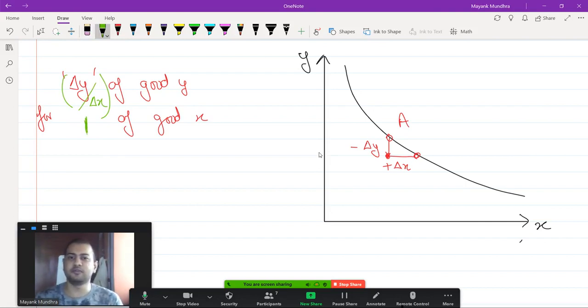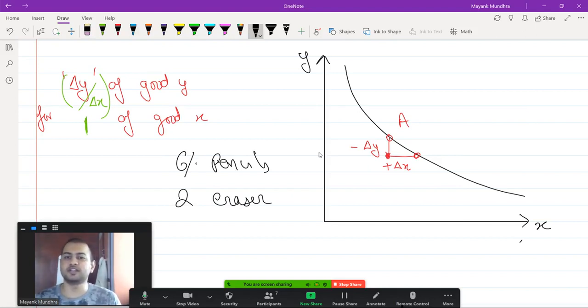The basic idea: if you are willing to exchange 3 pencils for 1 eraser, or let's say 6 pencils for 2 erasers, then you are willing to exchange 6 by 2 pencils, that is 3 pencils, for 1 eraser.